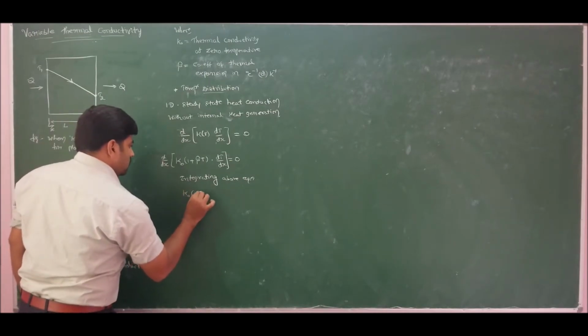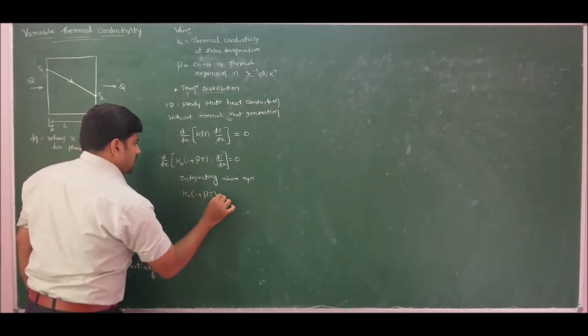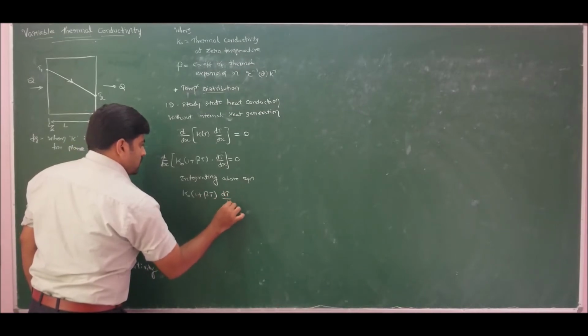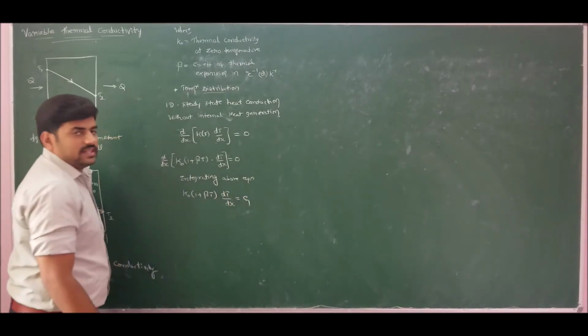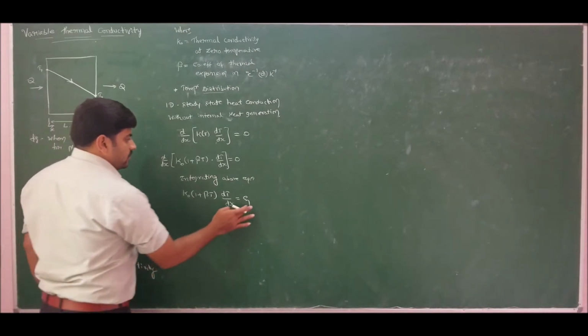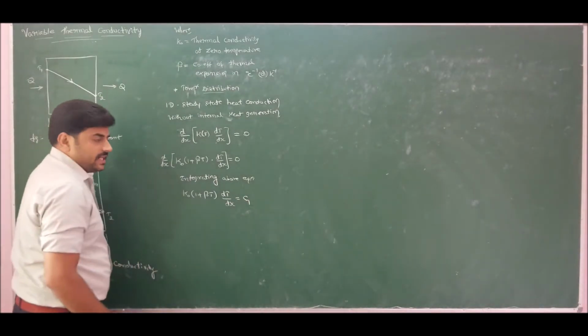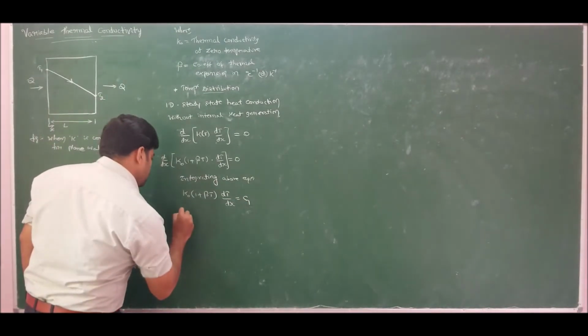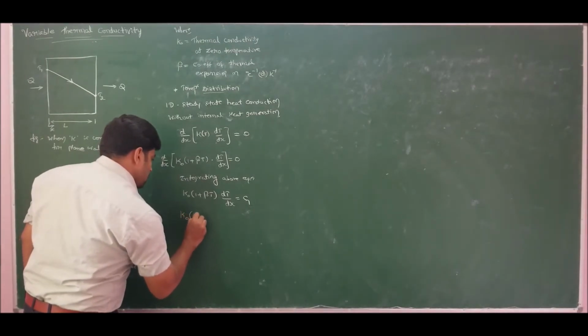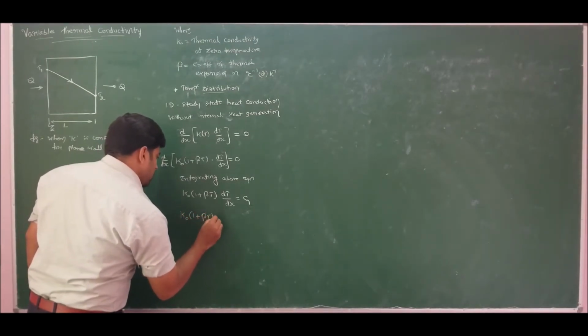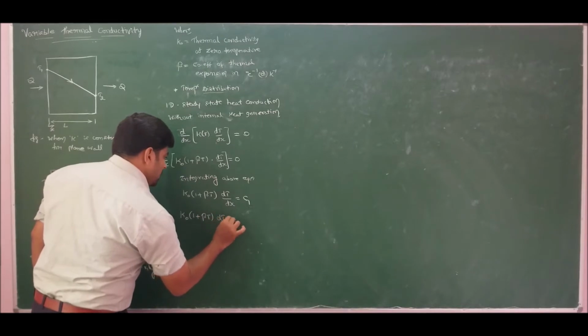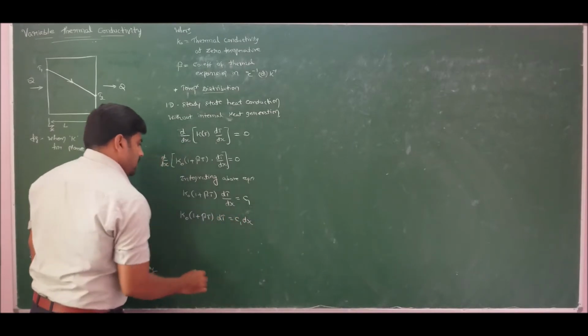I am left with K naught of 1 plus beta T times dT by dx equal to constant of integration c1, because we are performing an indefinite integral. Now rearrange the terms further. I am left with K naught of 1 plus beta T dT equal to c1 into dx.